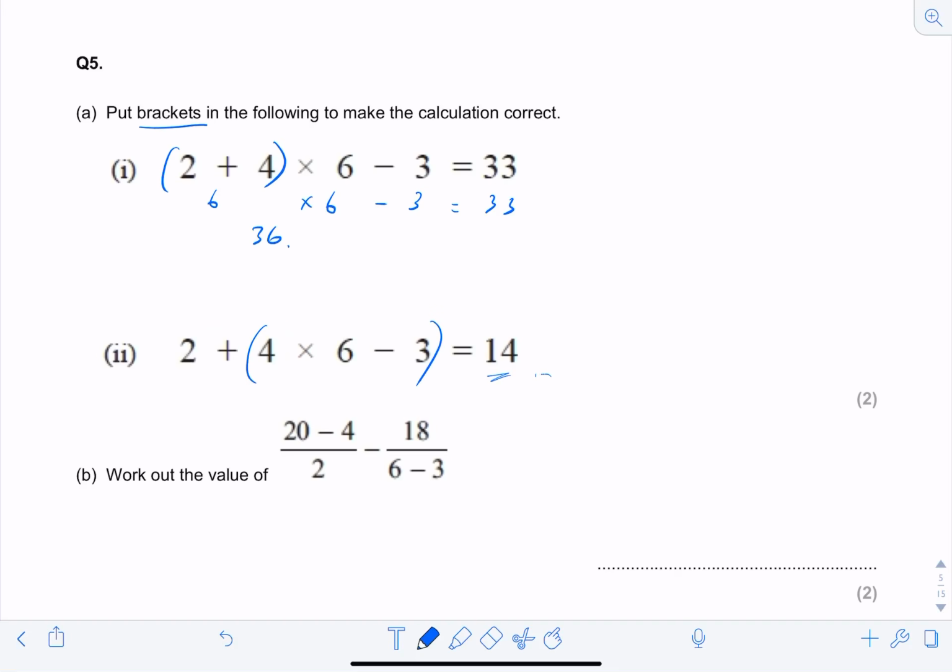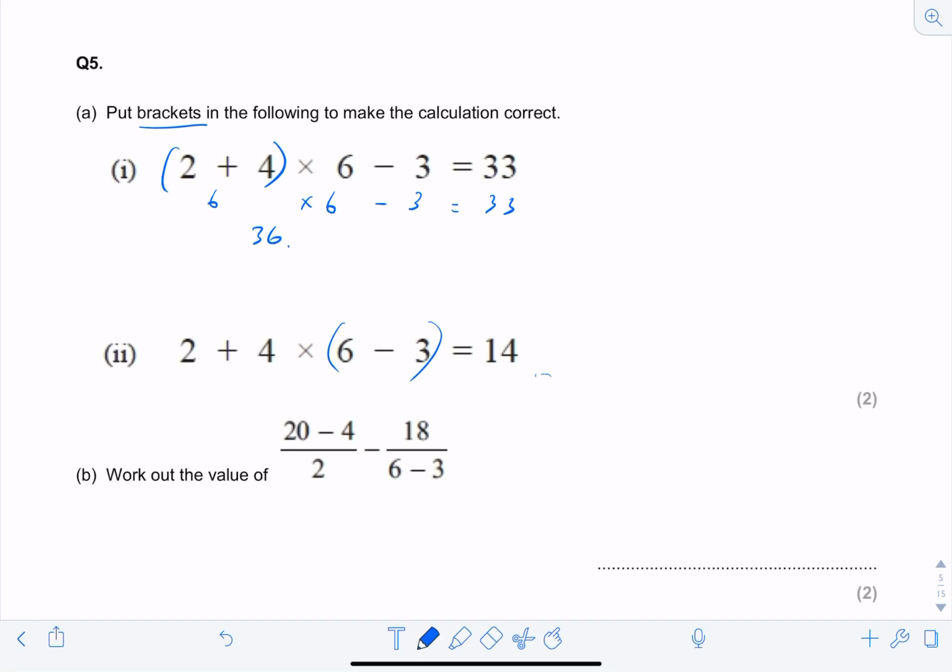Oh, hang on. Let me think. 2 plus 4 times 6 minus 3. No, it is right. 4 times 6 minus 3 is 12, plus 2 is 14.